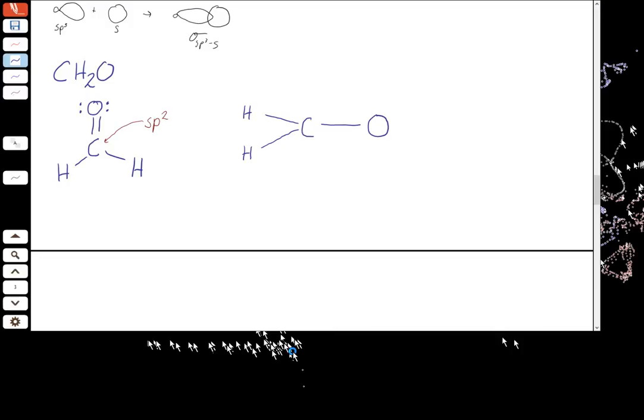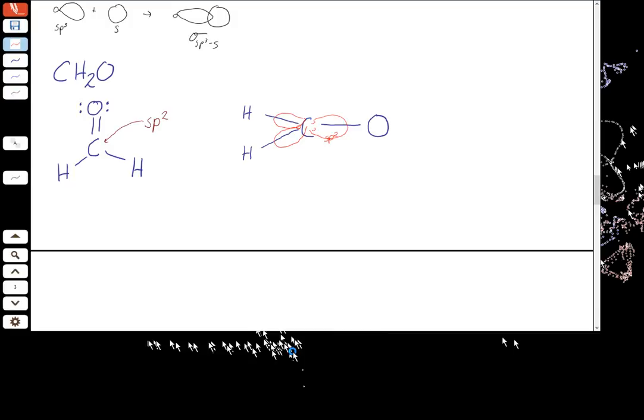Since we know that carbon is sp2 hybridized, we expect 3 hybrid sp2 orbitals coming out from that carbon that point in the different directions of the other atoms based on the geometry that we've already described. So we've got one like this. These are going to be sp2 orbitals. One going out toward the hydrogen, and one going out toward the other hydrogen. And remember, they have that little tiny bit on the other side. This is going to get a little messy, so I'll show you the nice picture from the book after we finish constructing it.